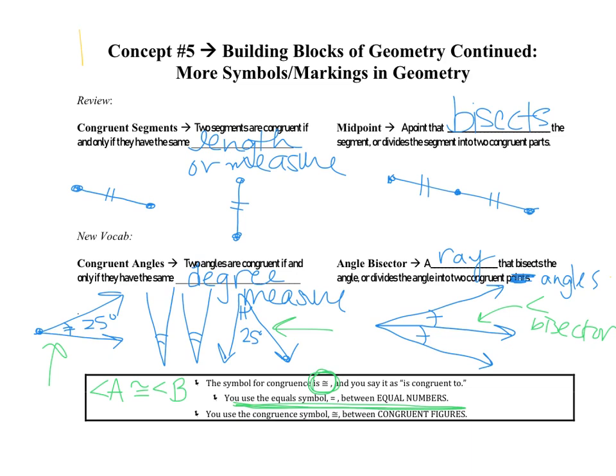So we use the equals symbol between equal numbers, and we use the congruent symbol between congruent figures. So if we're talking about congruent squares or congruent line segments or congruent angles, we use the congruent symbol. If I'm talking about the measure of them, the side length of them, the angle measure of them, that's when I'm going to use the equal sign. And we'll talk through a lot of examples of this.